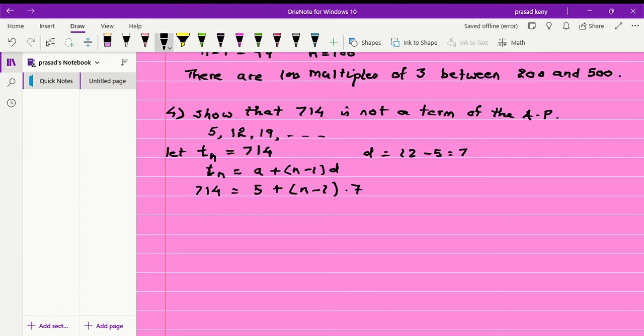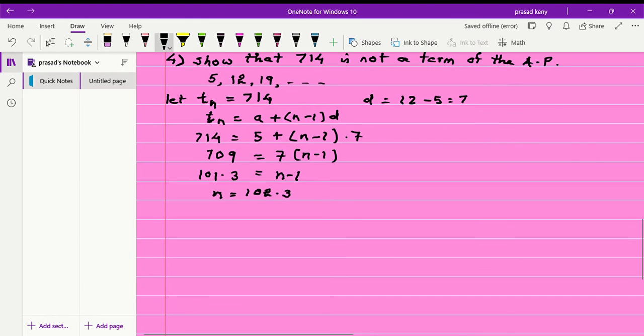So take 5 on the other side first. So 714 minus 5, that is 709, and that is equal to 7 into n minus 1. Divide by 7, you get approximately 101.3, and that is equal to n minus 1. So n is equal to 102.3.